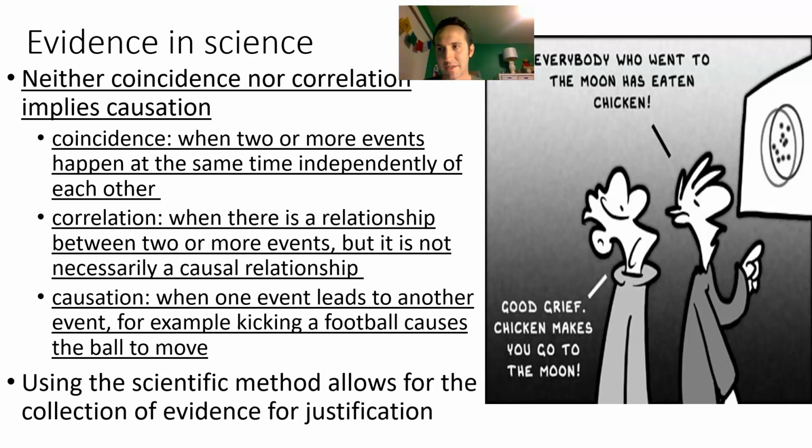I was sick and then drank Sprite and then I got better. That doesn't necessarily mean that I got better because of the Sprite. There's not necessarily a strong correlation. It's likely a coincidence. So using the scientific method allows for the collection of evidence to justify this and to see: is the Sprite really the cause, or is this just a coincidence?